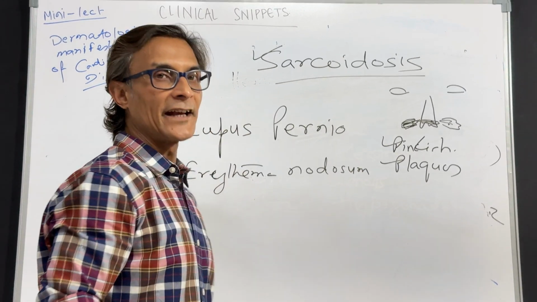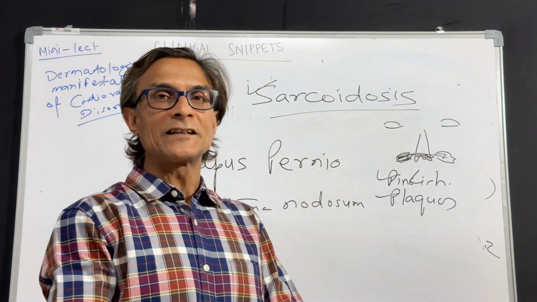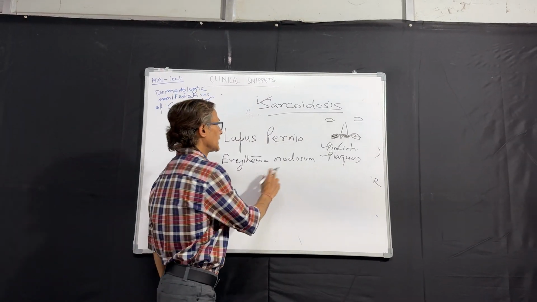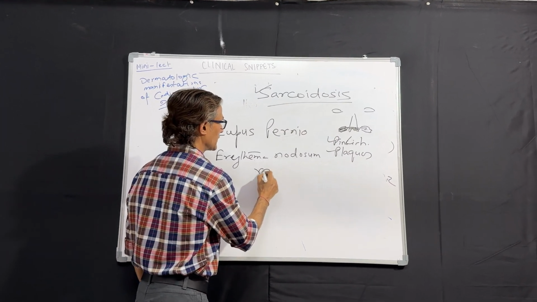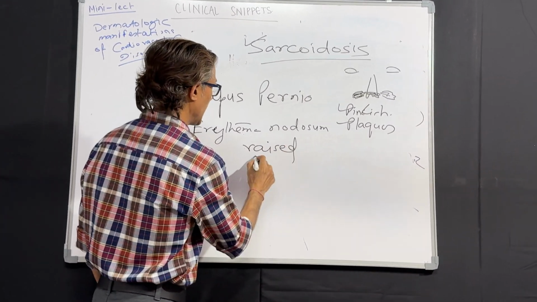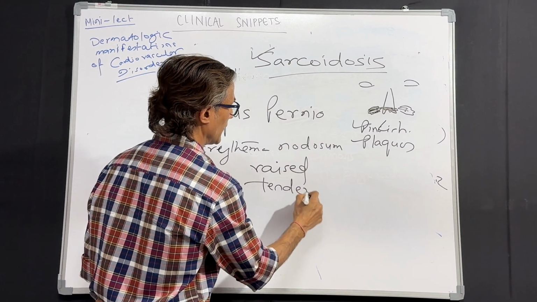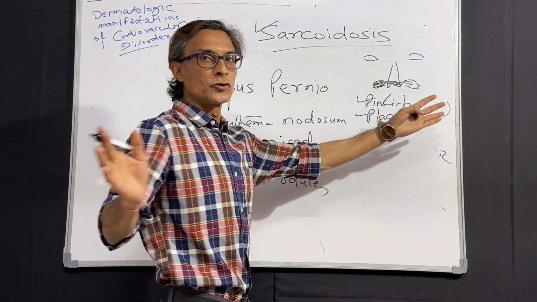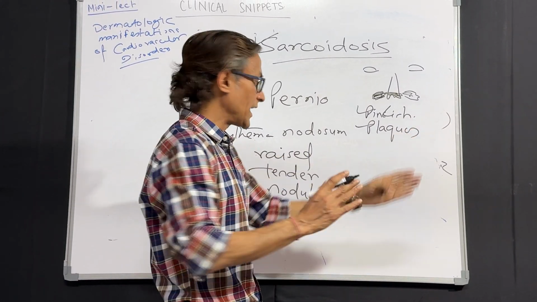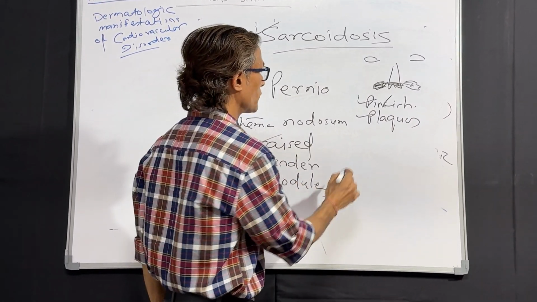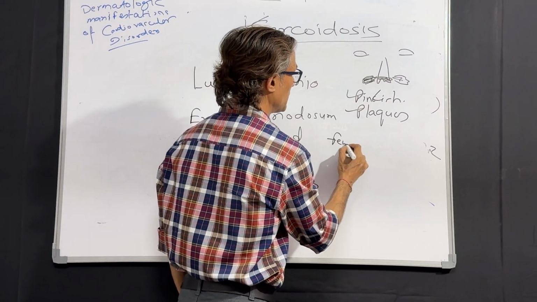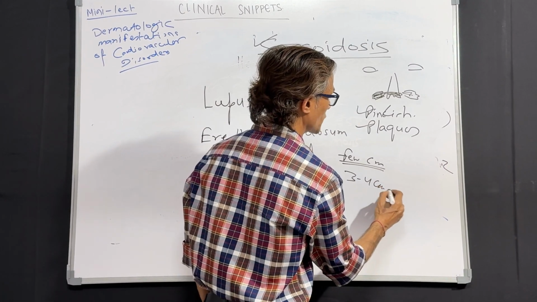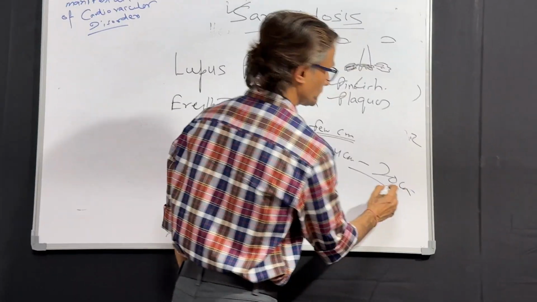Especially in the legs, over the shin of the tibia, bilaterally symmetrical, especially in the anterior part of the legs, you will see raised, tender, large nodules, slightly raised from the skin, from 3 to 4 centimeters to 20 centimeters.